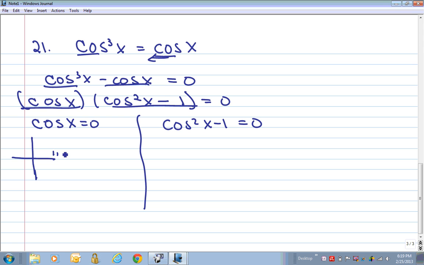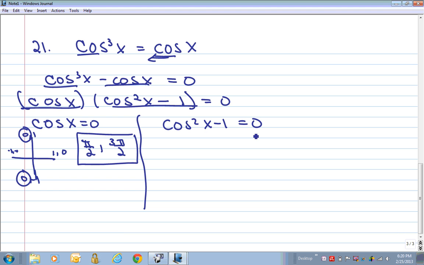And I know that's (1, 0), (0, 1), (negative 1, 0), and (0, negative 1). And cosine is our x value, and we want to know where that is 0. Well, cosine is 0 right here and right here. So the solution to this would be at pi over 2 and 3 pi over 2. Okay, so that's two of our solutions.